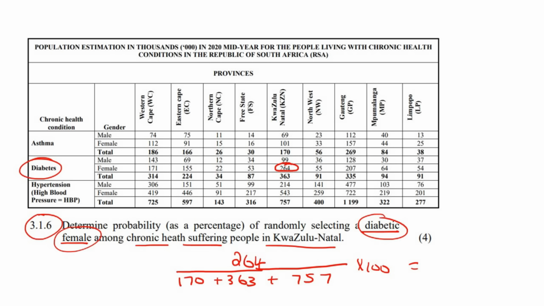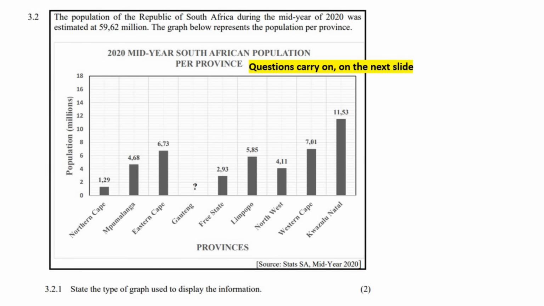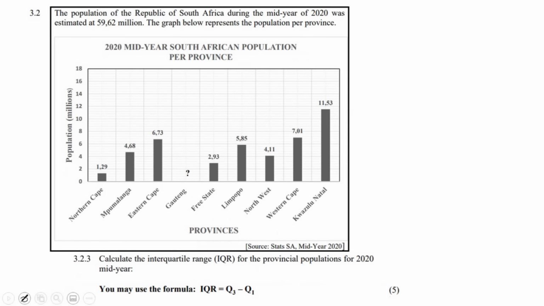And this should give you 20. If we round it to 2 decimal places, it'll be 20.47%. With this question, we're going to be doing multiple parts. So we've got one question over there, and then a second question, and then a third question.